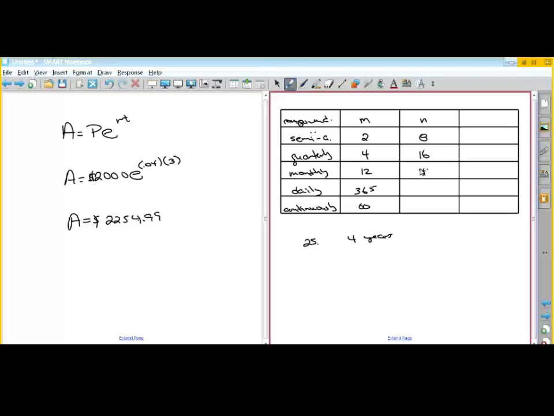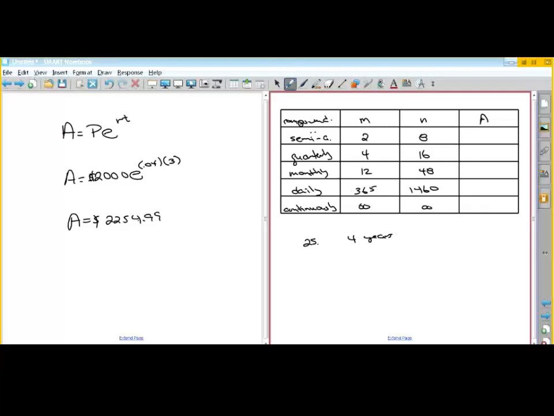So we take this number times 4, and we'll get 8, 16, 48, and 4 times 365 is 1,460. And this is infinite again. We use a different equation for this last one, and so the final amount is like that.